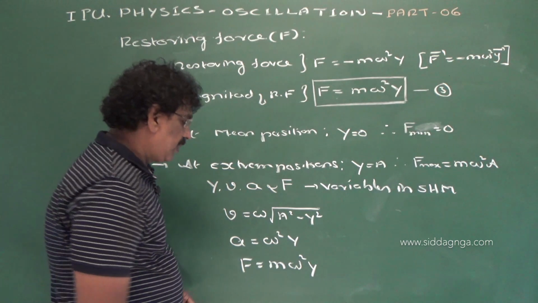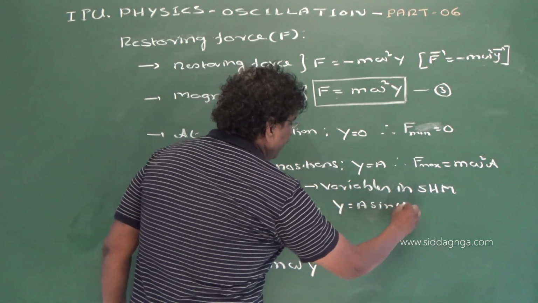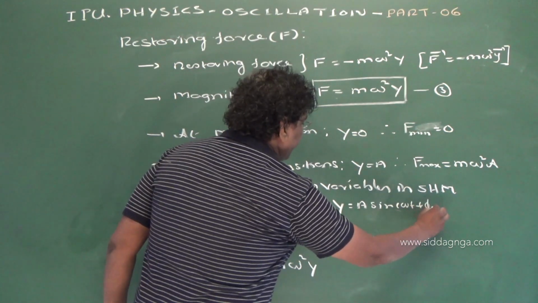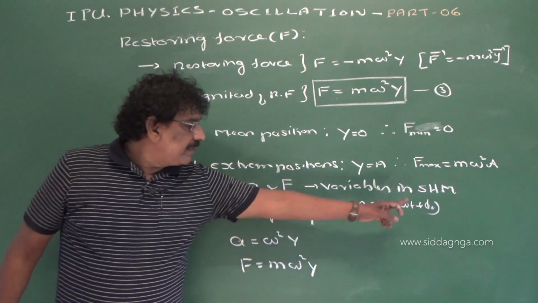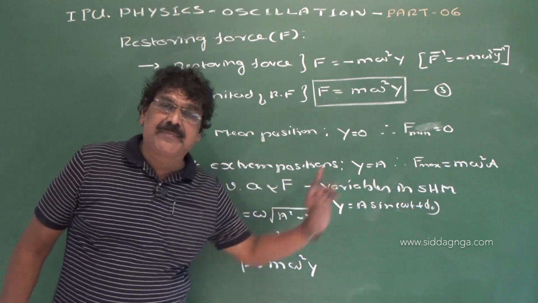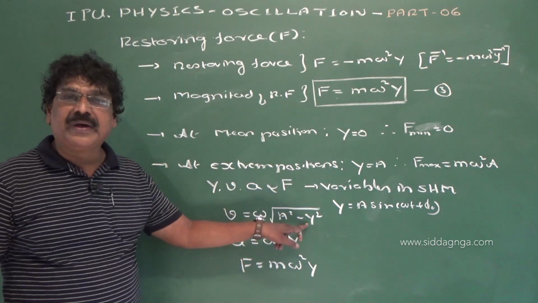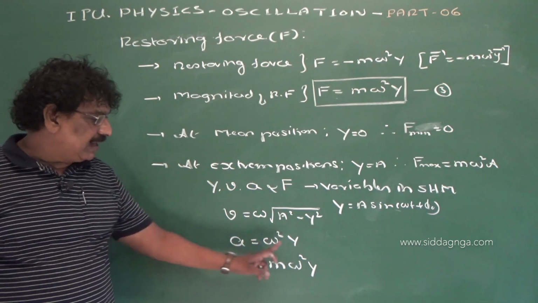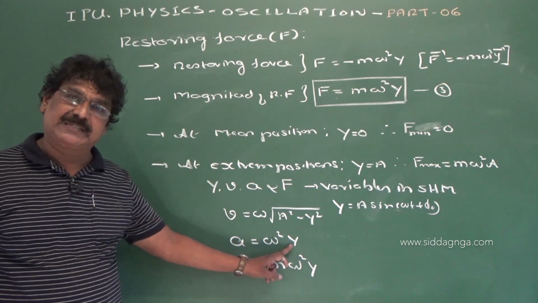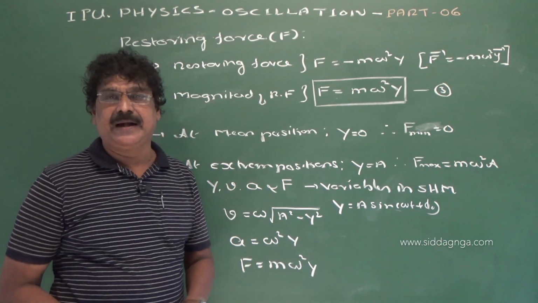We take y is equal to a sine omega t plus phi naught. So here y varies with time. Therefore v varies with the displacement. a also varies with displacement. Force also varies with displacement, right?